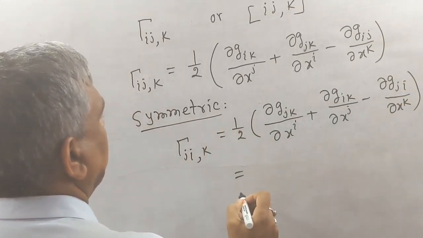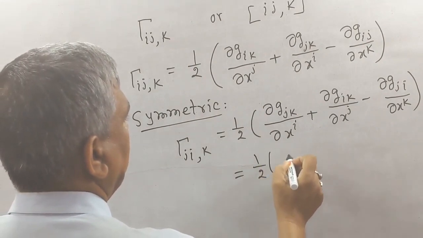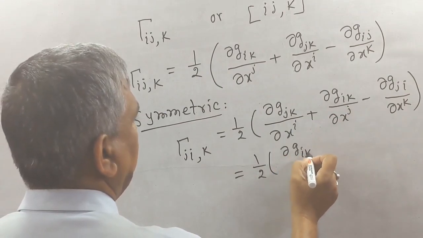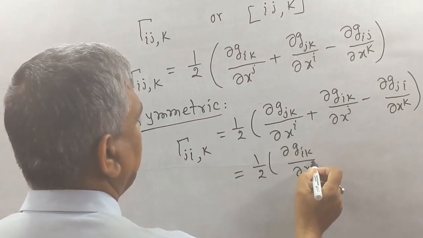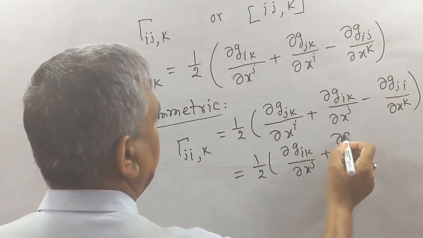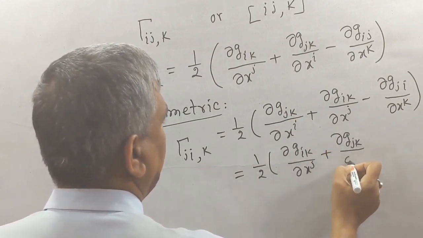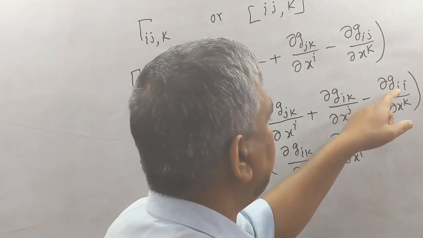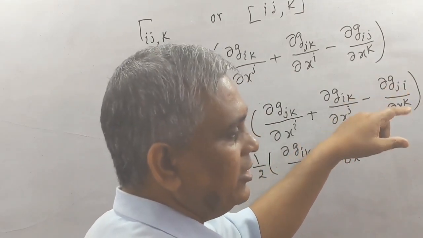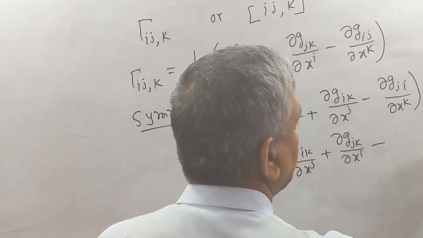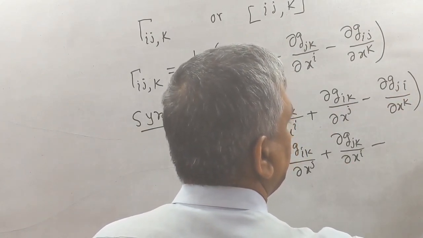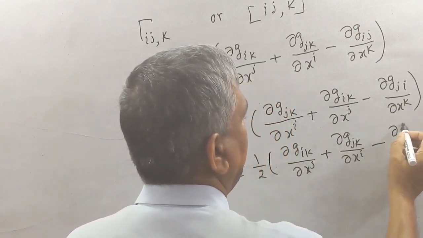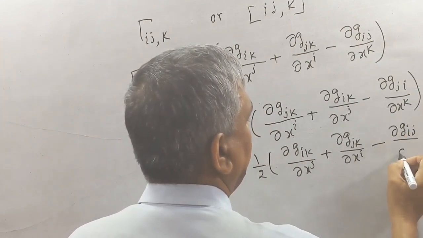This will be equal to half, by commutativity, del g_ik by del x_j plus del g_jk by del x_i, minus here g_ji, as g_ij is symmetric, so g_ij equals g_ji. Metric tensor is always symmetric, so we may write del g_ij by del x_k.